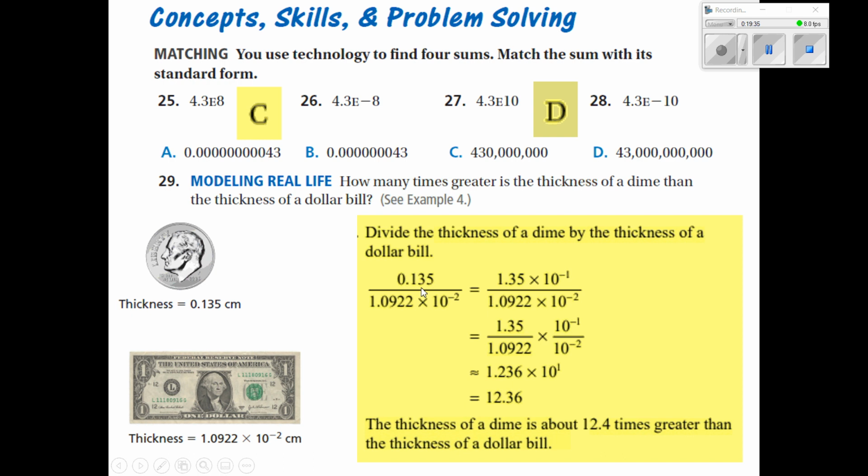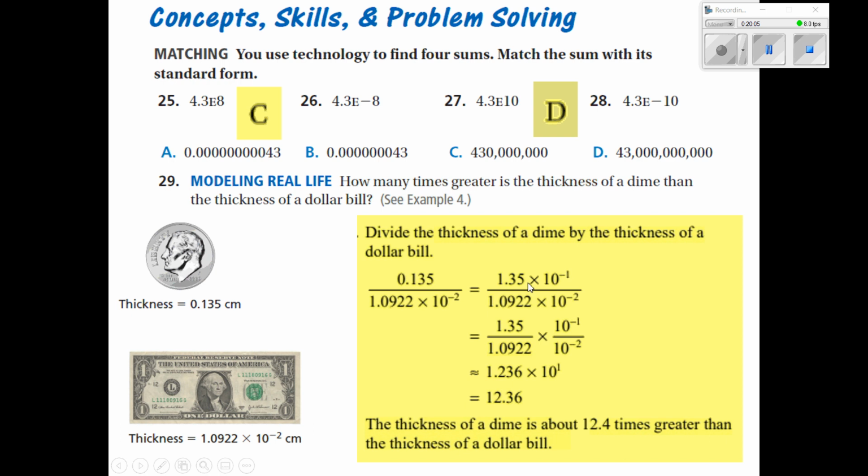When I turn this into scientific notation, I'm going to move that decimal 1 over, which means I have to take this times 10 to the negative 1 power. Remember, when we move the decimal this way, we create negative exponents. When we move it this way, we create positive ones. Now we have 1.35 times 10 to the negative 1 power divided by 1.0922 times 10 to the negative 2 power.